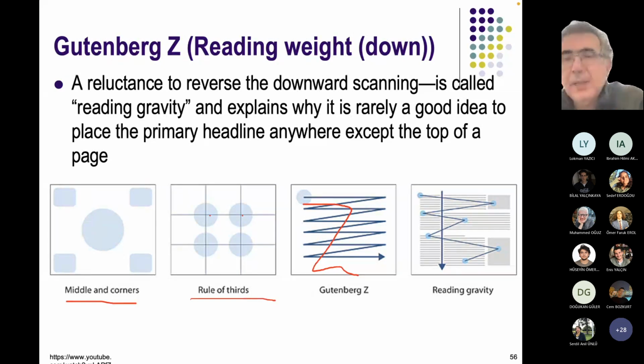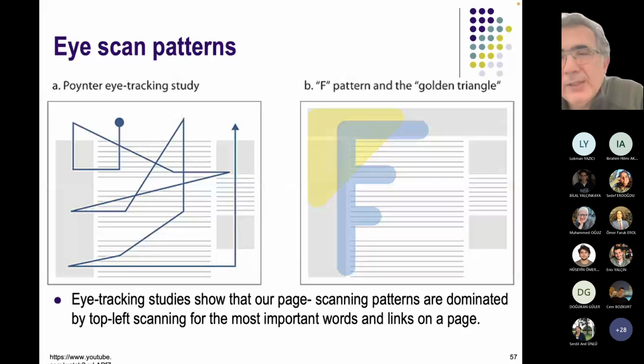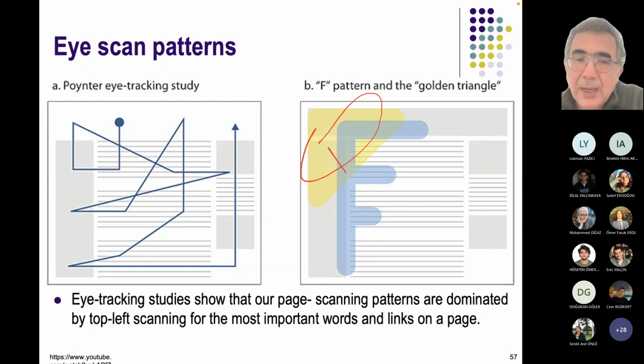There is an experiment done with the eye trackers. So when we do experiment with eye trackers, usually people are starting from the top left and move to the bottom. This is what we say Gutenberg F. Gutenberg is printing left to right.